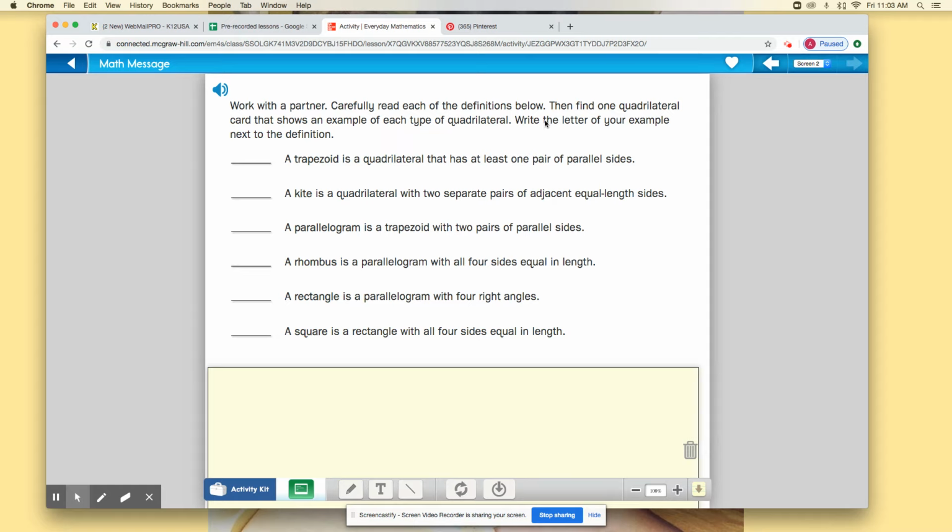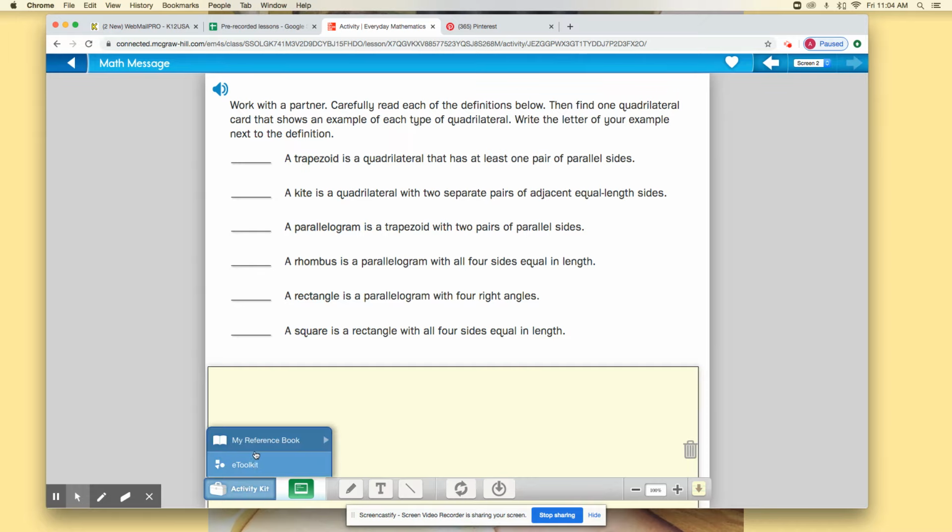What you're going to do is find one shape, and I'm going to show you where you can pull them up on your computer. Since we don't know the letters of the cards, if you don't have them accessible, you can just try to find a shape that matches the description.